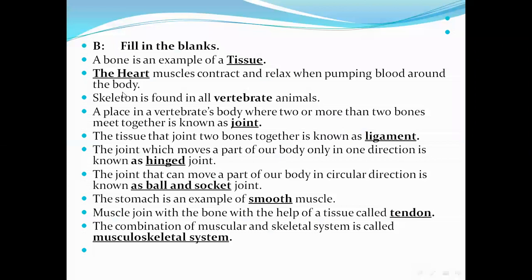Exercise number B. A bone is an example of a tissue. Dash muscles contract and relax when pumping blood around the body. Which muscles contract and relax? The heart muscles.